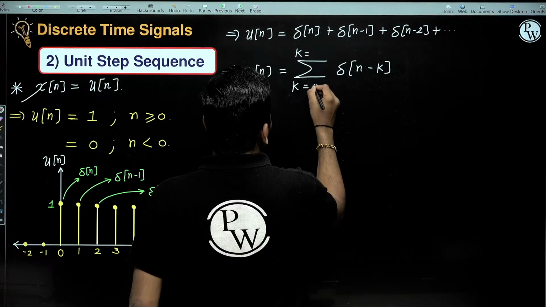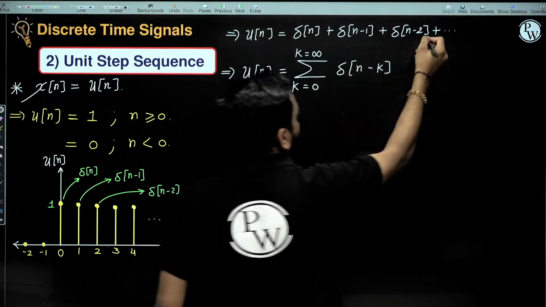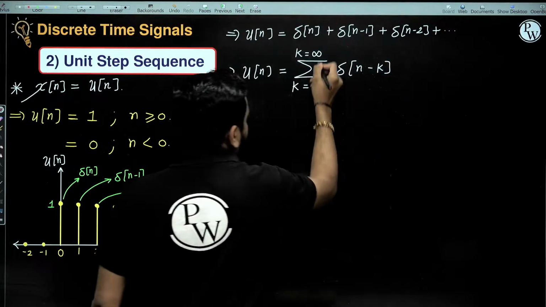Starting from k equal to 0, and this is going up to infinity, so that's why 0 to infinite.